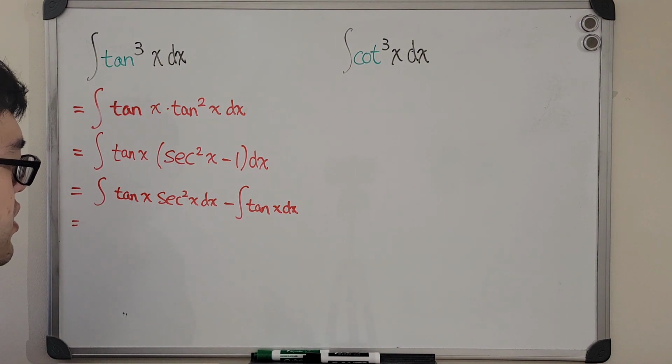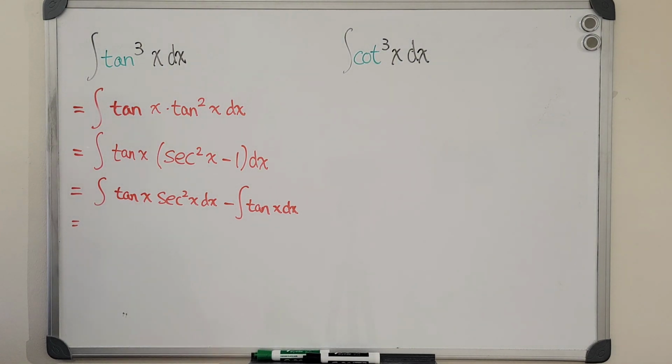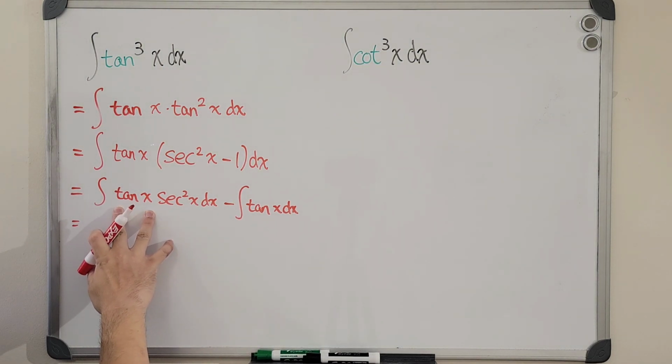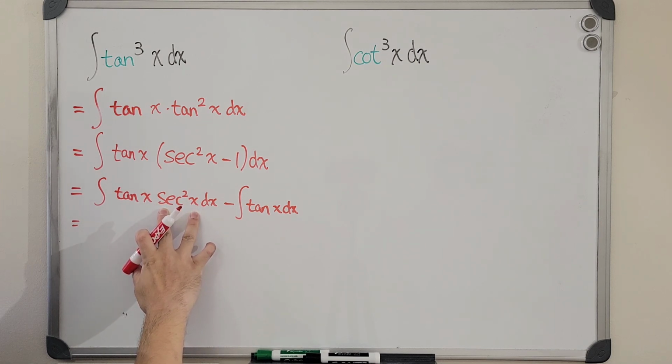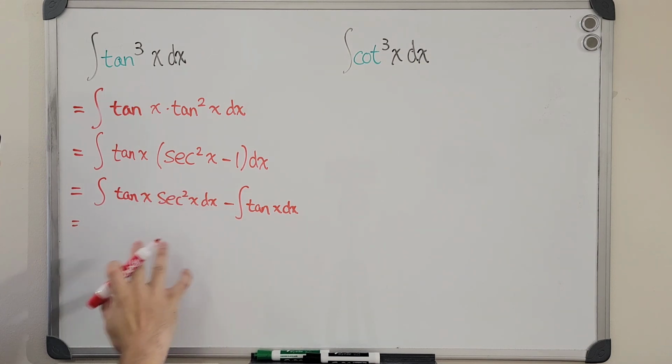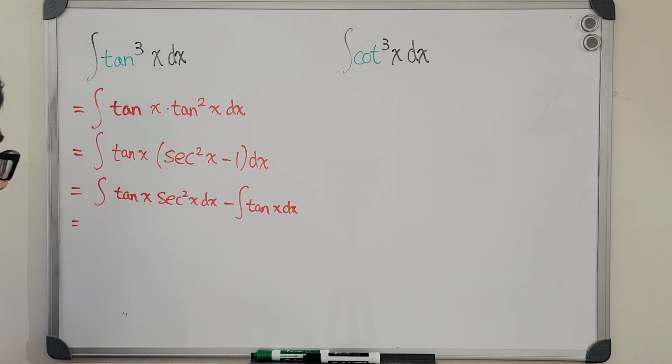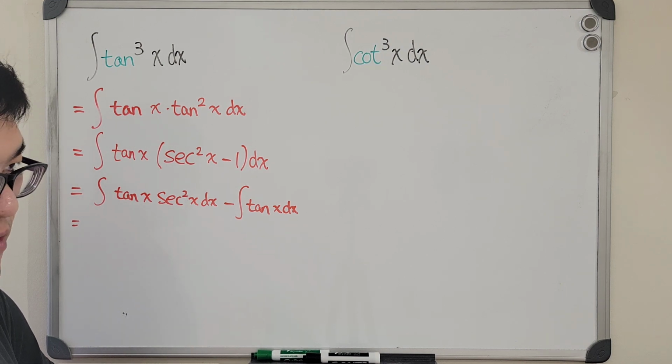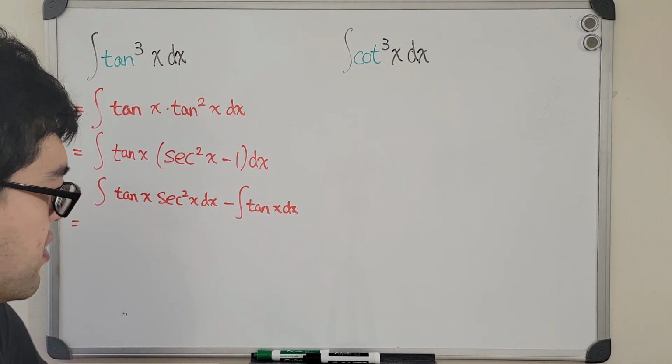Well, let's try to do a u-sub again, but what should we choose this time? Well, we actually have tangent here and we also have secant here, but we have two copies of secant. And in fact, it is also something that you all should memorize. The derivative of tangent of x is in fact equal to secant square of x.